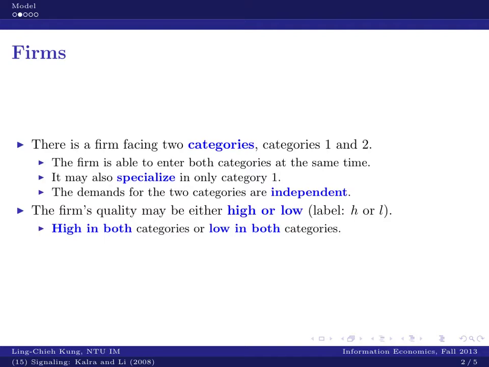That's our assumption. This makes the derivations easier, but as the paper discussed, it will be fine if we relax this condition. We may assume that the firm is high in one but low in another, so that's fine. But we will stick to this assumption that the quality may be either high in both or low in both.